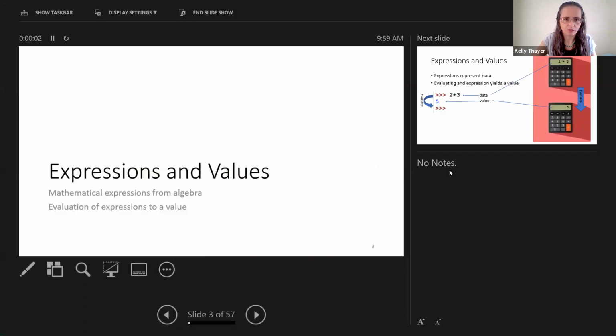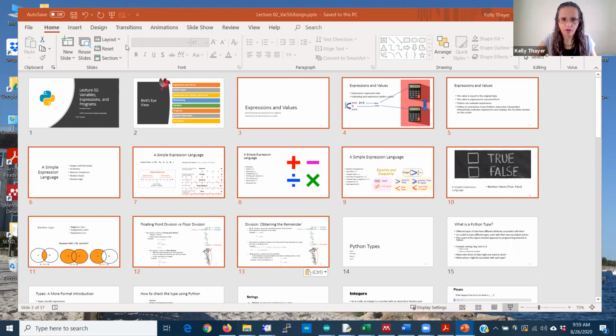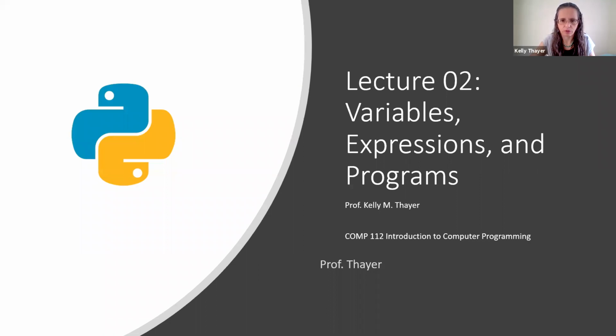What we're going to talk about today is how to assign variables, what an expression is, and how we can go about setting up expressions and so forth, and just how we can then put those things together to make programs. So those will be our topics for today.